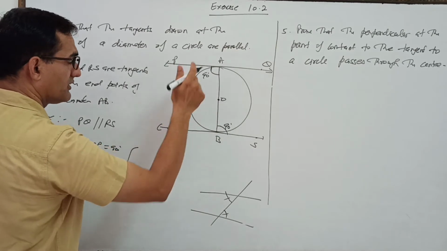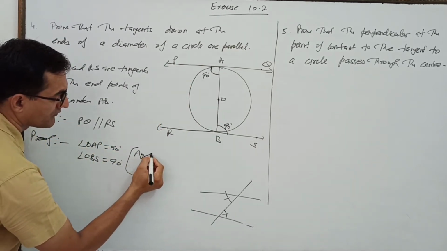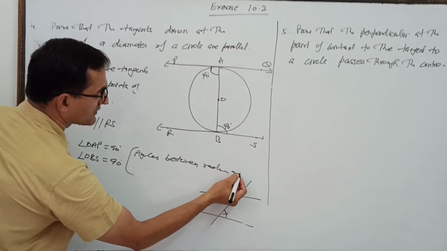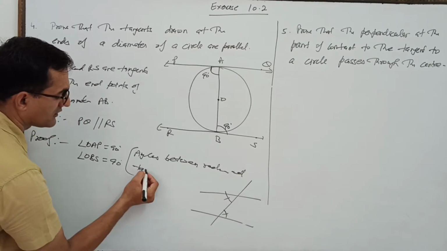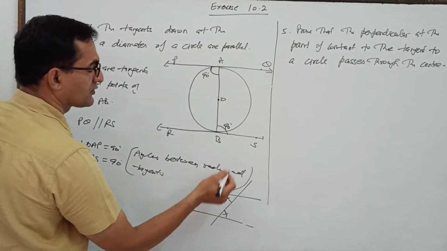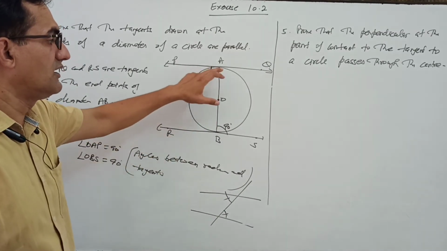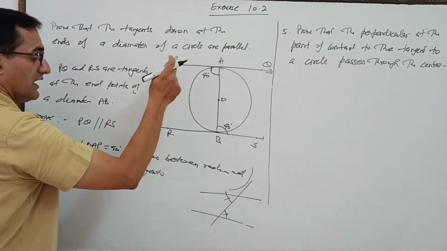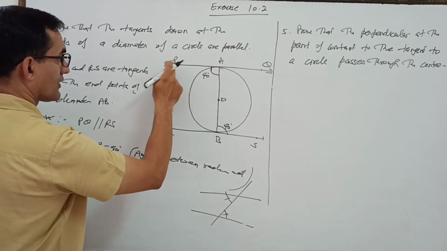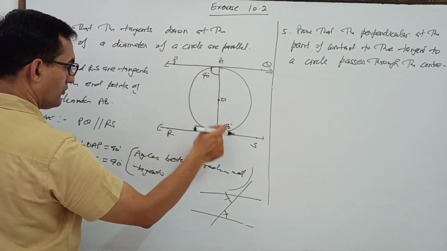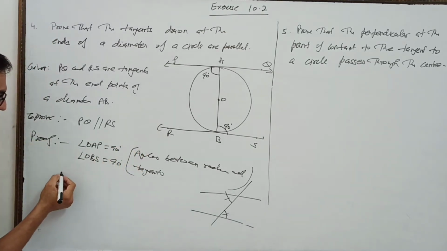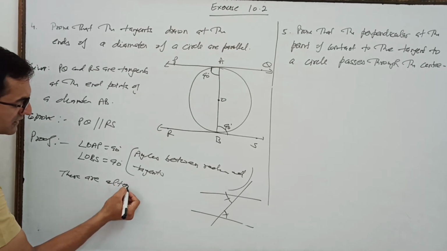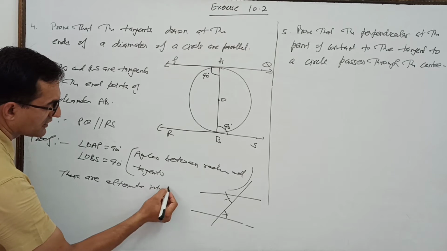Reason: the angle between radius and tangents. This angle is between this radius and this tangent, and this radius and this tangent, so it is 90 degrees. And these angles, OAP and OBS, are alternate interior angles.